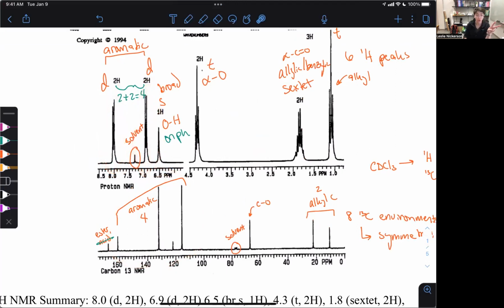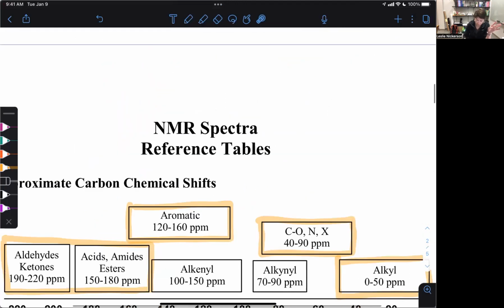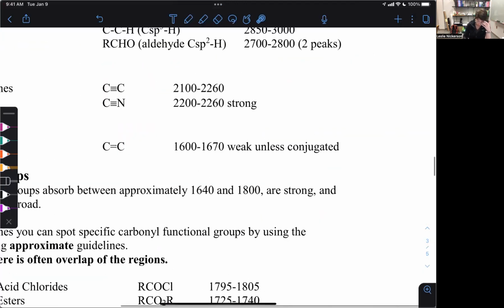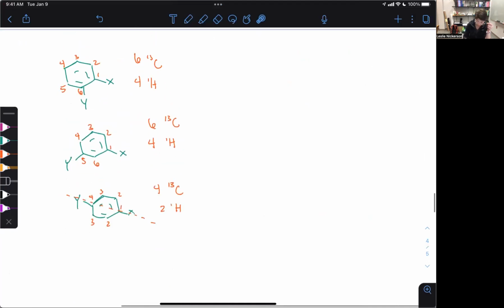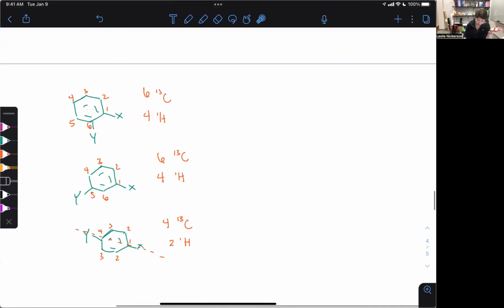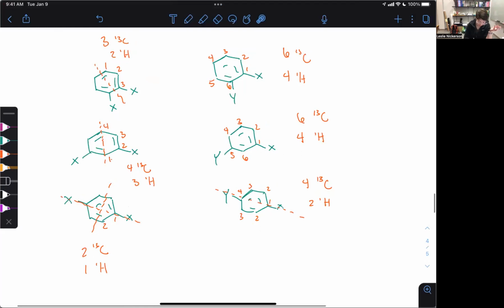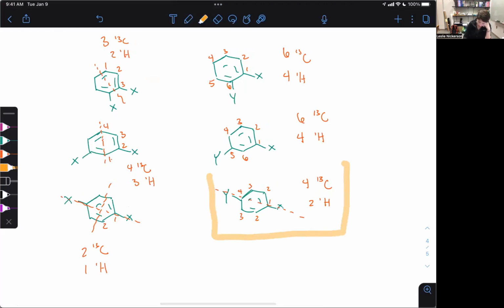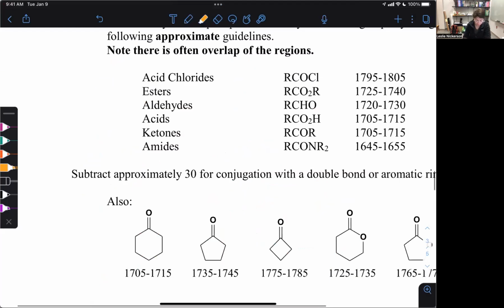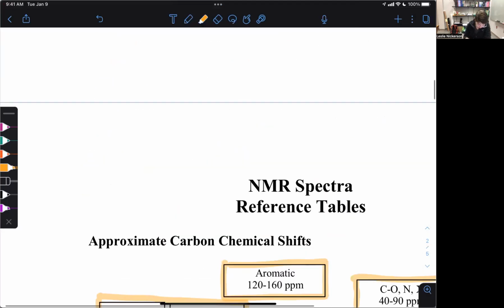Okay, so 2 for proton, 4 for carbon. So our best fit, oh, there we go. It's like, what the heck is going on? Our best fit is going to be that guy. Okay, and if we think about what's going on here, I'm just going to take that picture and I'm going to pull it up here.